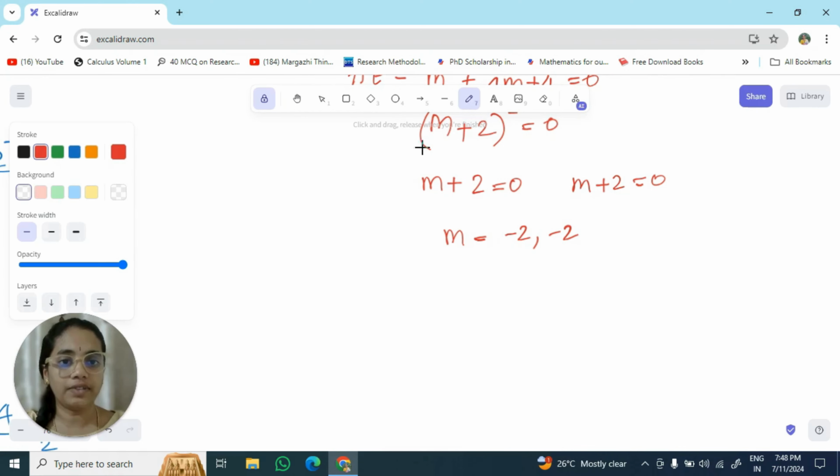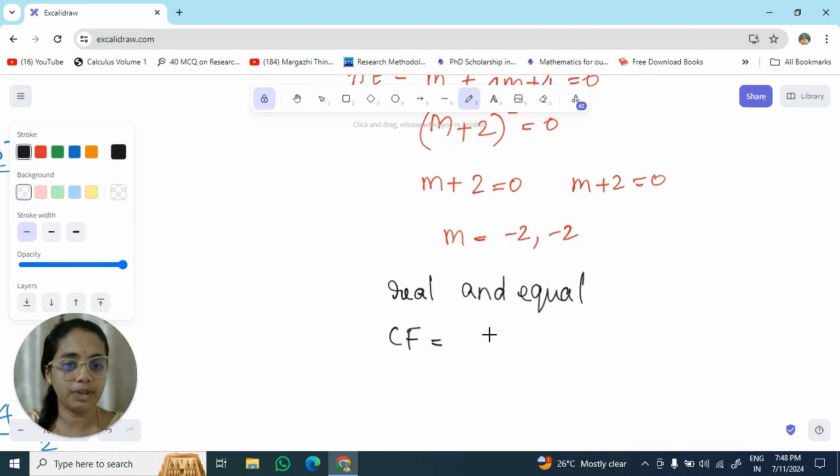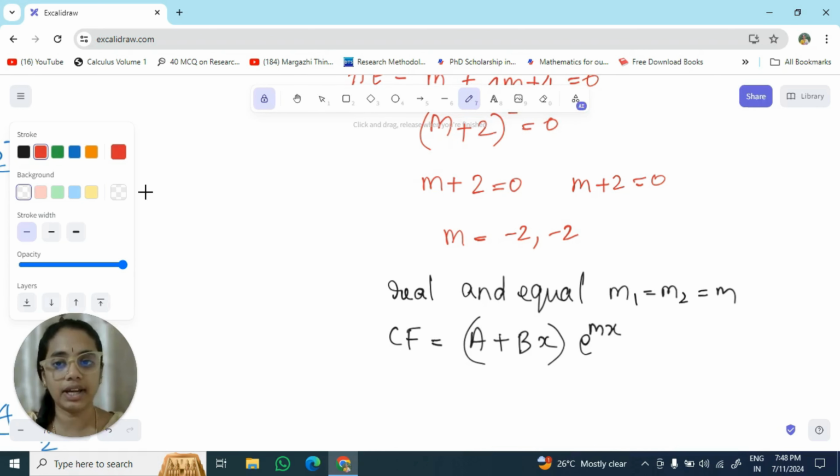Yes, whenever the roots are real and equal, what is the CF? The CF would be a plus bx. Since we have two roots, m1 equals m2, say for example this is equal to some m, so we have (a plus bx) into e power mx, right?